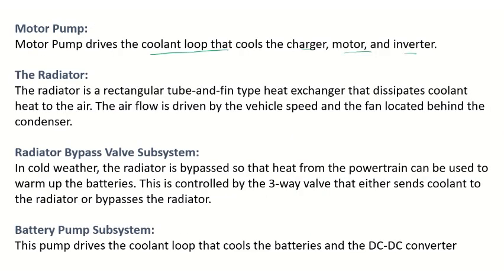The radiator. The radiator is a rectangular tube and fin type heat exchanger that dissipates the coolant's heat to the air. One fan will be there, the airflow is driven by the vehicle speed and the fan located behind the condenser.